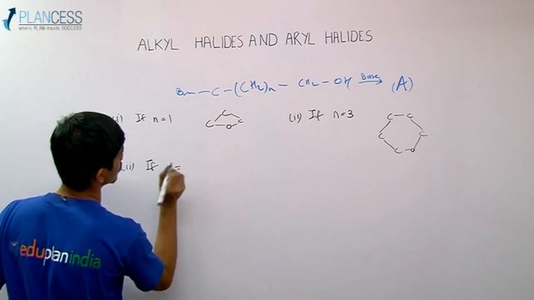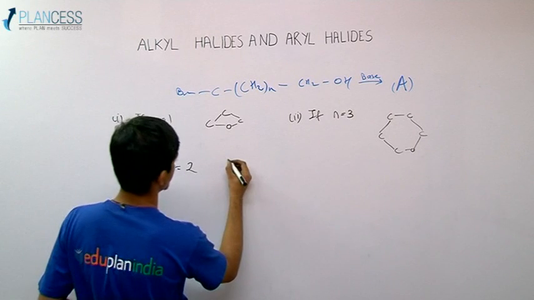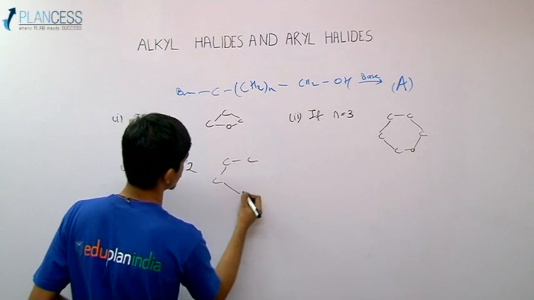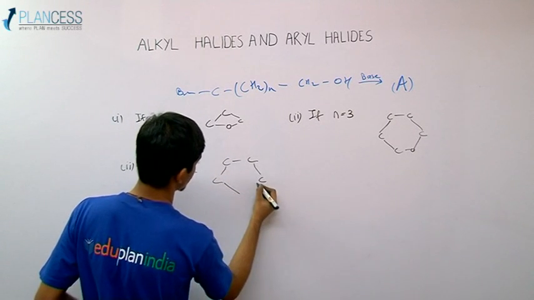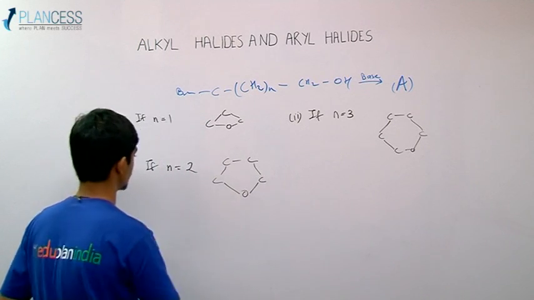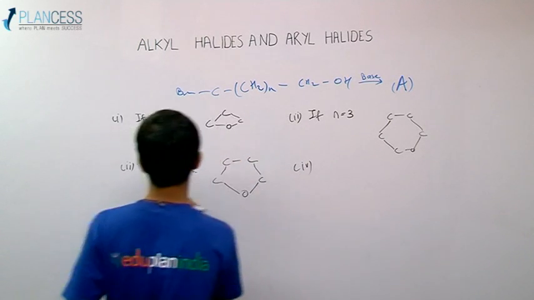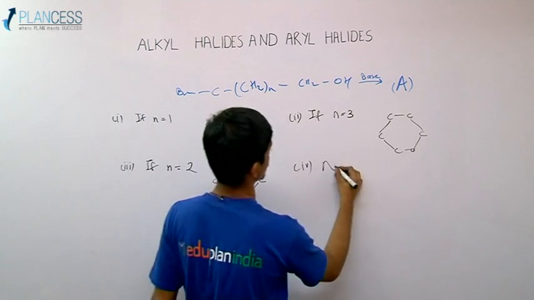Second, if n equals to 2, the product is carbon, carbon, carbon, carbon, oxygen, and fourth one is none of the above.